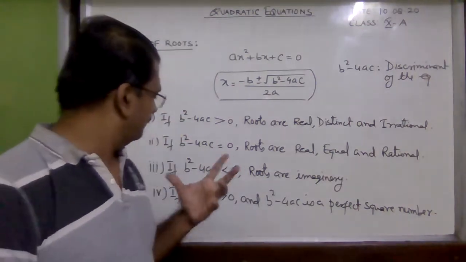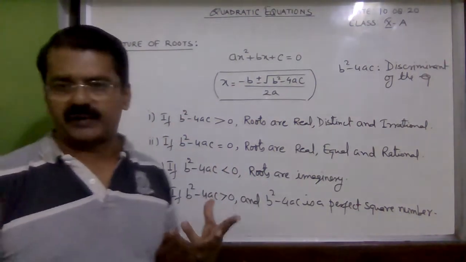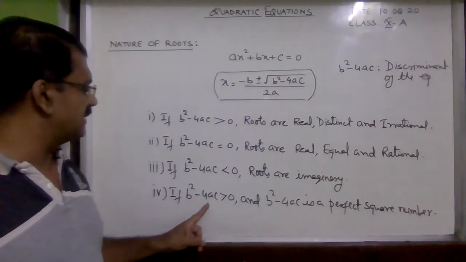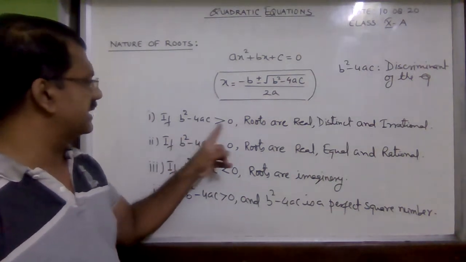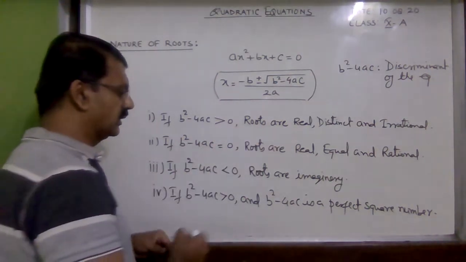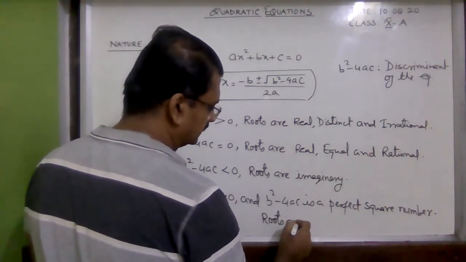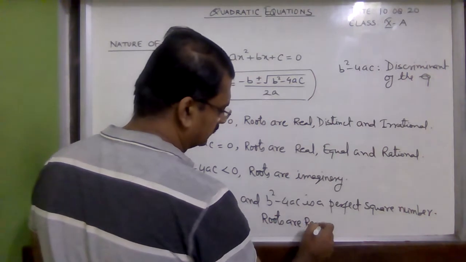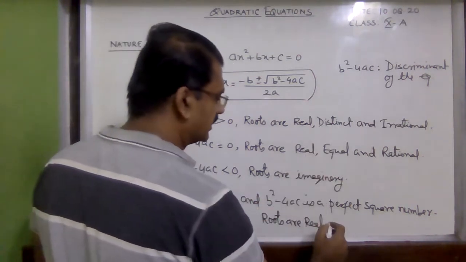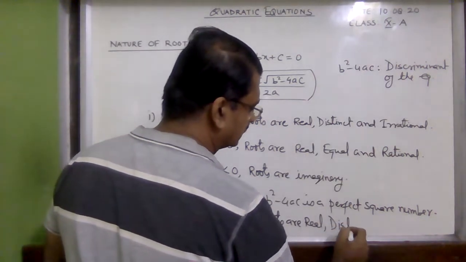If b square minus 4ac is a perfect square number. Now see, if b square minus 4ac is greater than 0, same here, roots are real. So you write down roots are real. Distinct, so you write down distinct.